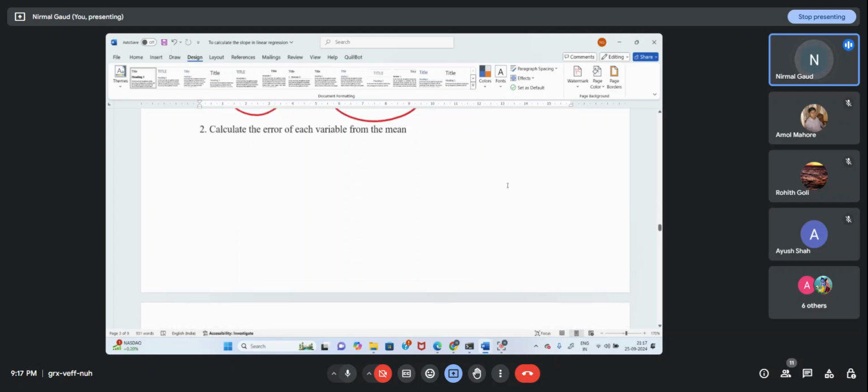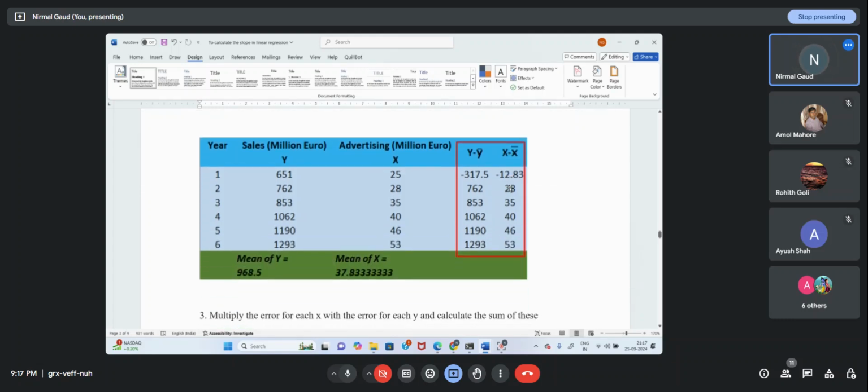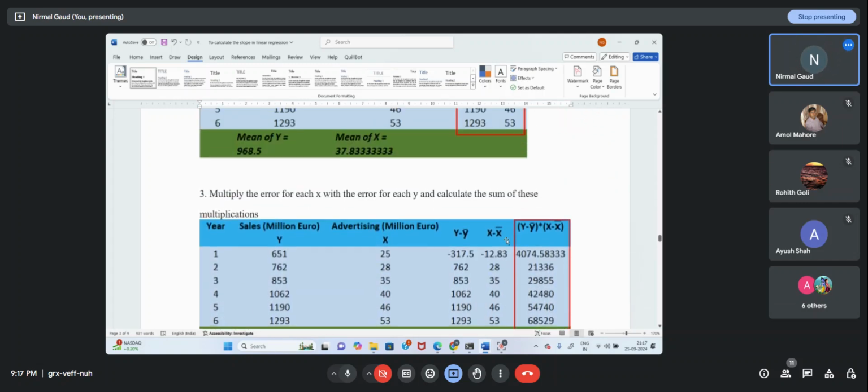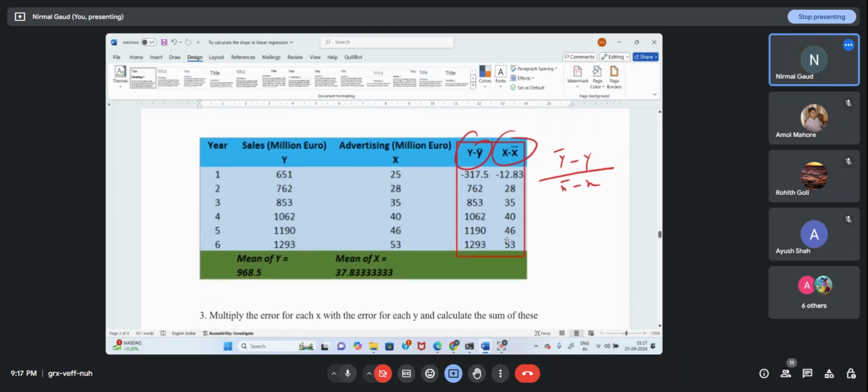Then calculate the error of each variable from the mean, like this: y minus y bar, x minus x bar, or y bar minus y, x bar minus x. It's up to you. And then take the summation of the entire terms and take the ratio.